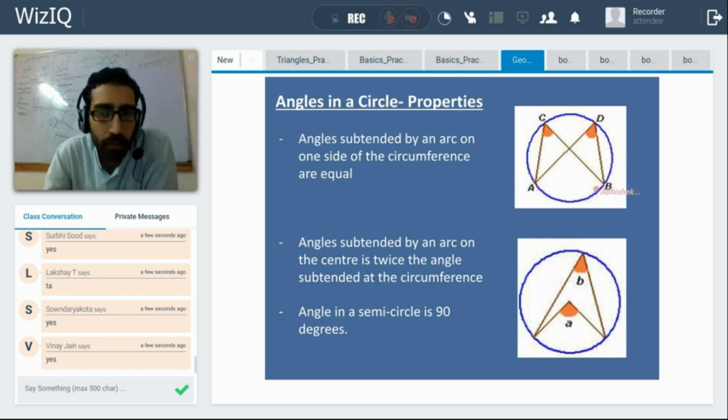So AB subtends angle ACB as well as angle ADB on the circumference. Both these angles will be equal. So if this angle is theta, this angle is also theta. In fact, if there were some other point, let's say this point is E, then angle AEB will also be equal to theta. That is clear enough.